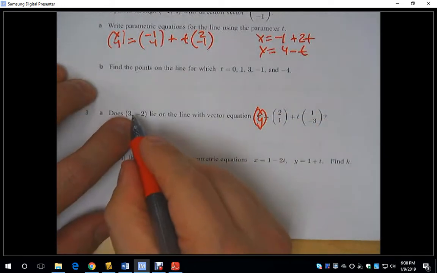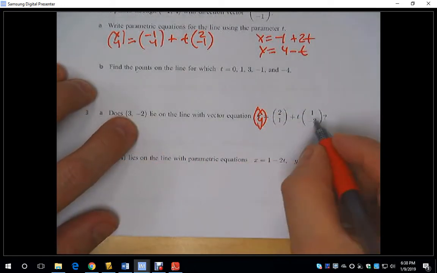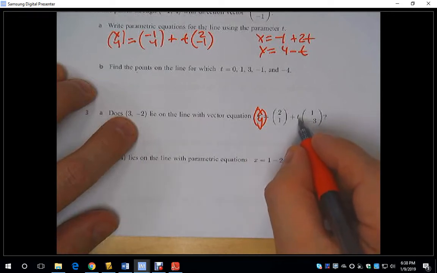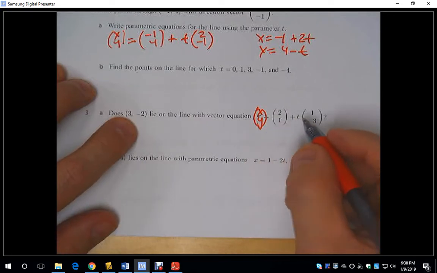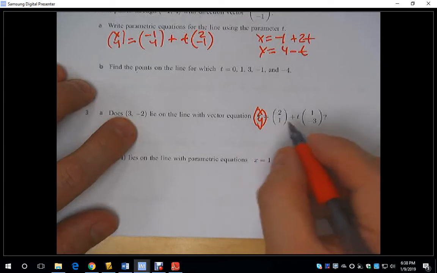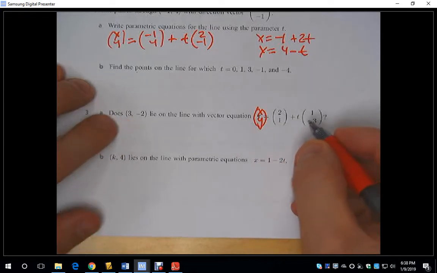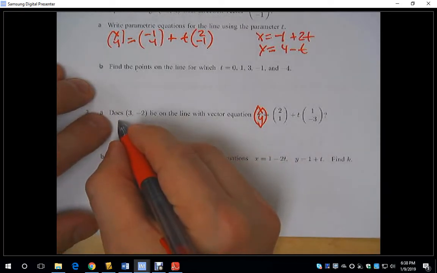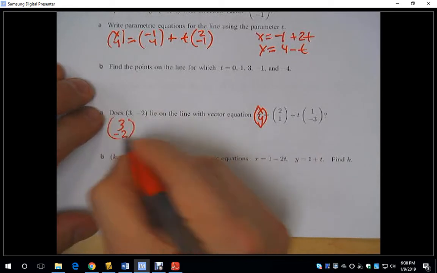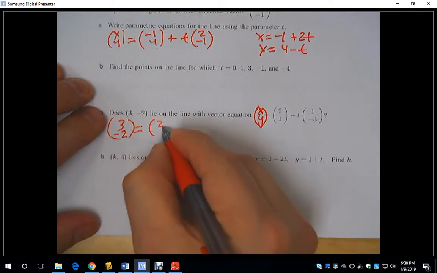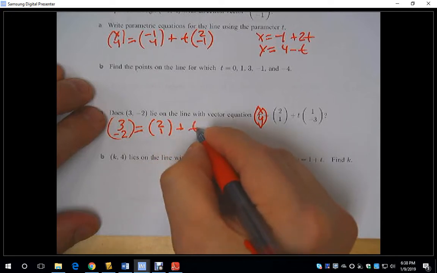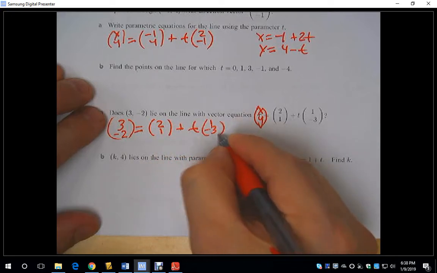So let's take these points and plug it in and see if we get the same value for t. If we get the same value for t, then we know that it lies on the line. If we get a different value for t, then it can't lie on the line. So I have 3, -2, and that equals 2, 1 plus t times our direction vector of 1, -3.